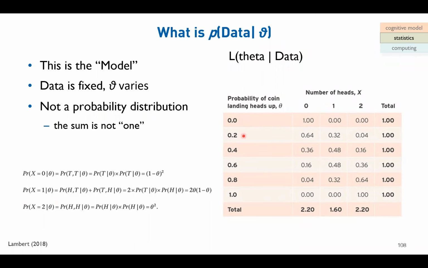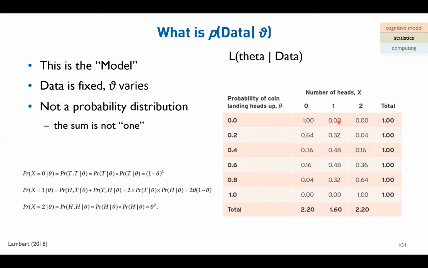In a simpler case, we do not divide the entire 0 to 1 space into 100 units. We just divide it into 6 units. Each entry in this column is the likelihood of a parameter given this observation.